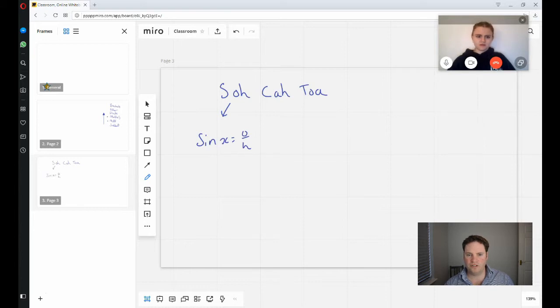And what does the C stand for? Oh, cos. And then TOA is tan is opposite over adjacent. So this first letter tells us the function, C for cos. The second letter tells us what's on top. And the third letter tells us what's underneath.